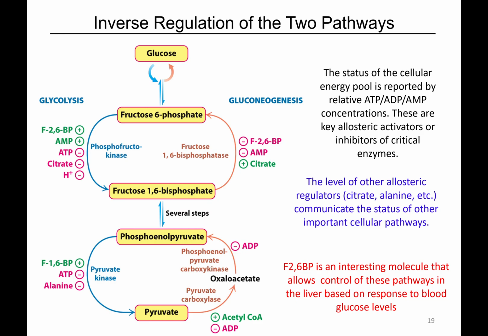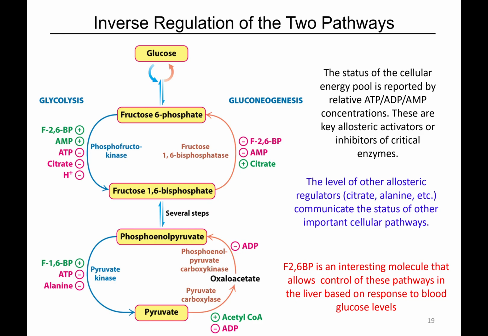Other things we see here, like citrate inhibiting glycolysis, citrate activating gluconeogenesis, this is another cellular signal, right? So citrate is a metabolite of the TCA cycle. If we have a buildup of citrate, that means there's a buildup of TCA cycle intermediates. So if that's the case, we don't really want to activate glycolysis because we already have a buildup of intermediates downstream.